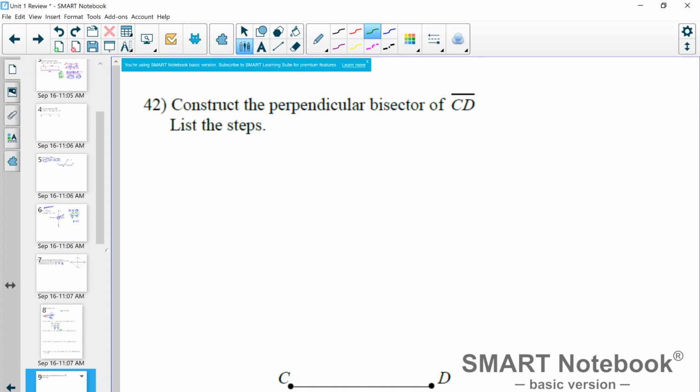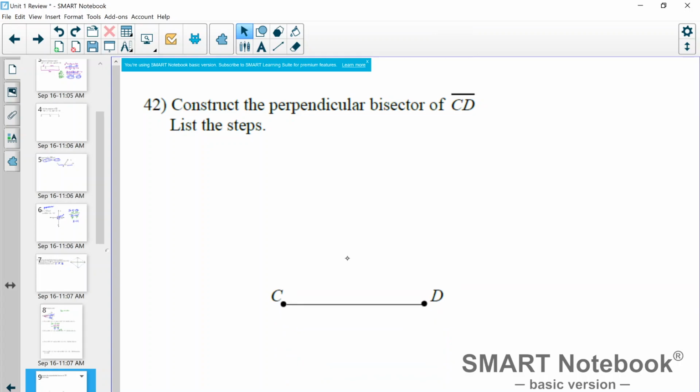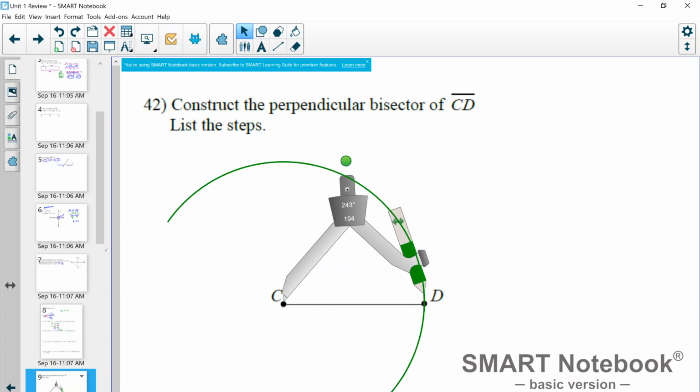42, now we start getting back into constructions a little bit. It says construct the perpendicular bisector of segment CD. So construction means we need our compass. We have to measure the distance for a perpendicular bisector. So bullseye on point C, pencil on D, and we just make a swoop around.